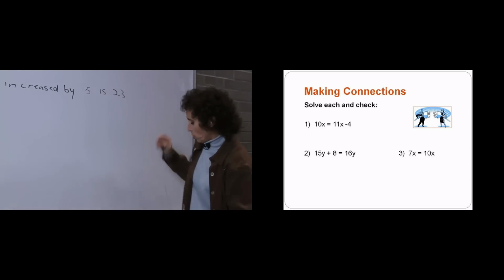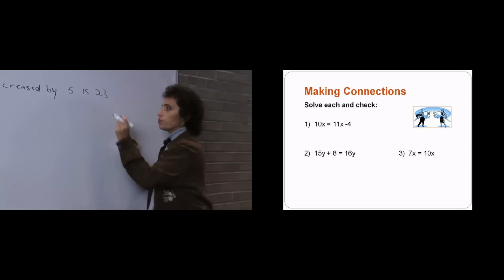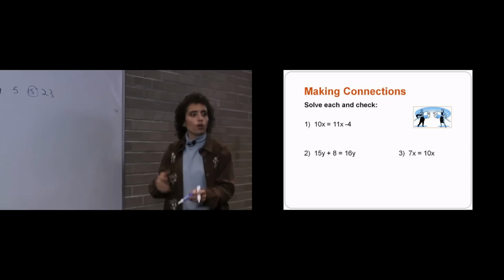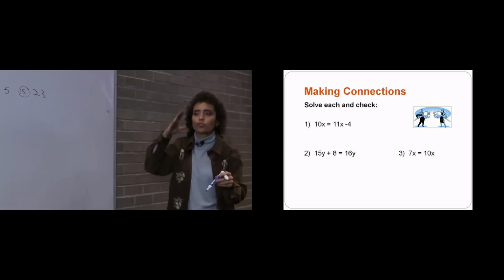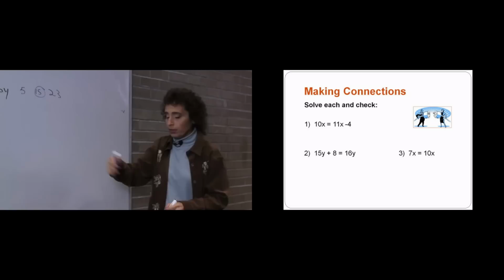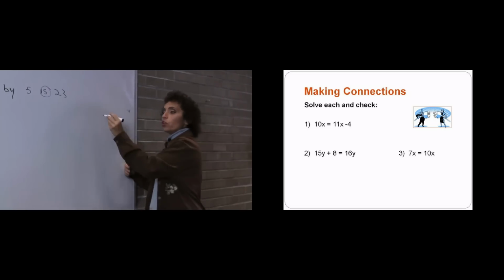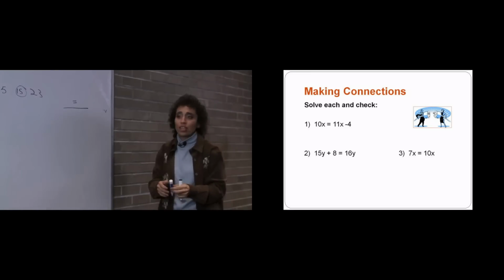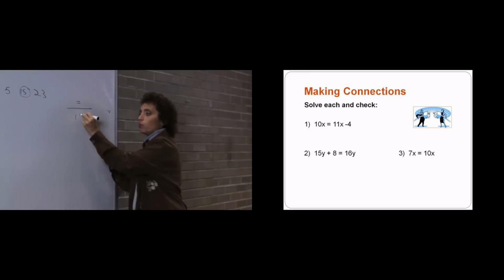This is really important. You have a list of words in your workbook for all the keywords, for addition, subtraction, multiplication, division, and equals. Okay? So, if we have equals, there's a couple of different words that mean equal. One word that means equal is. That's the big time word.